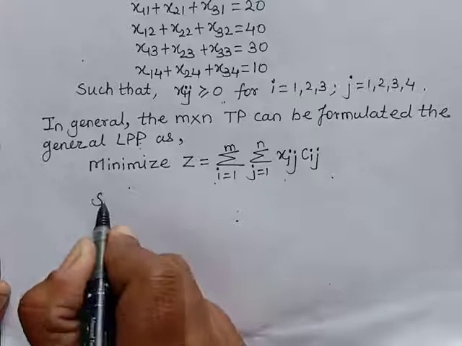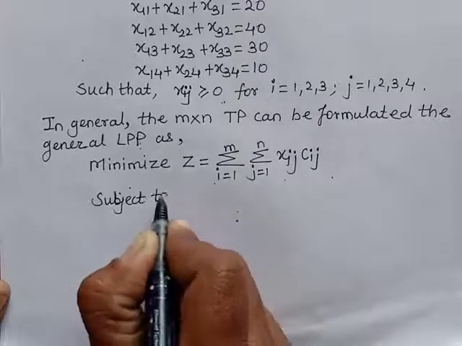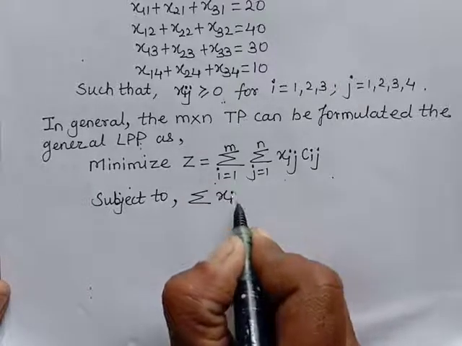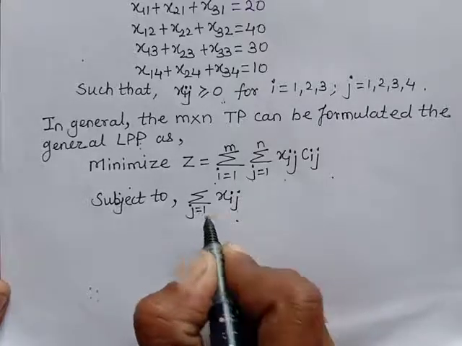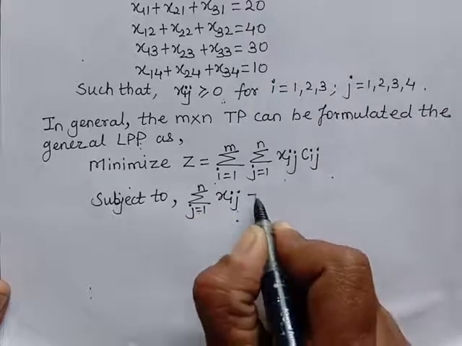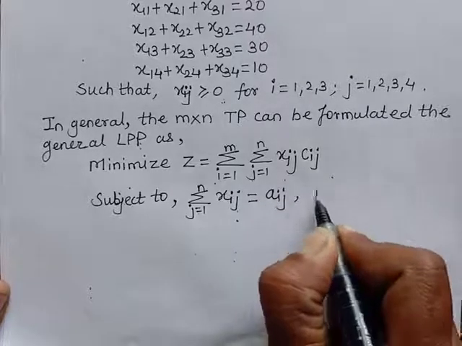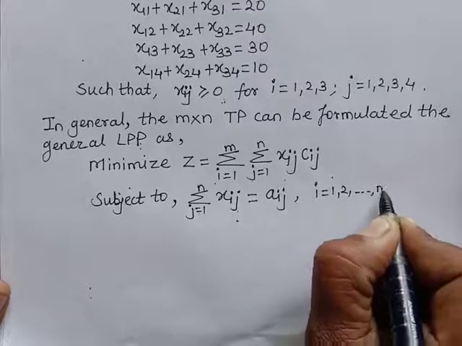subject to summation xij, j from 1 to n, equal to ai, i from 1 to m.